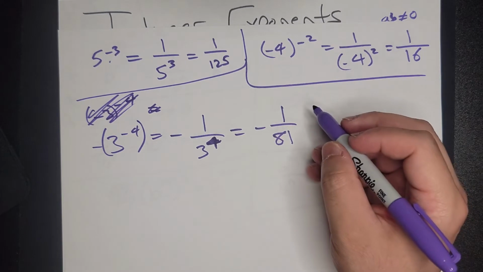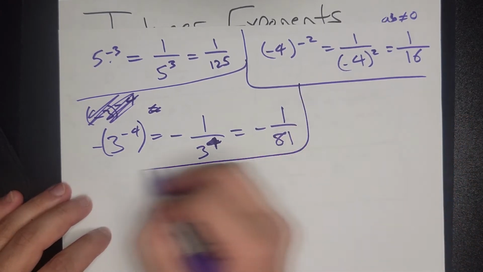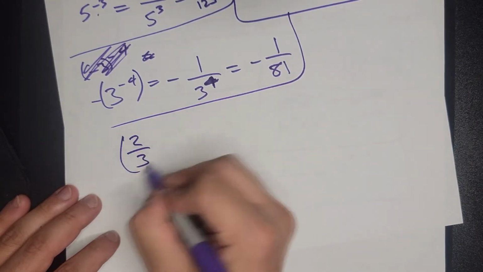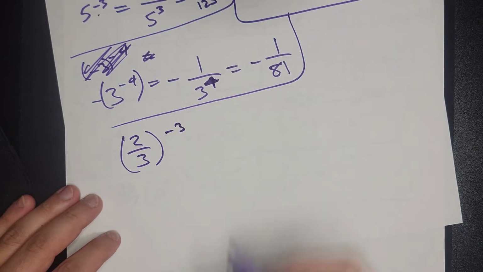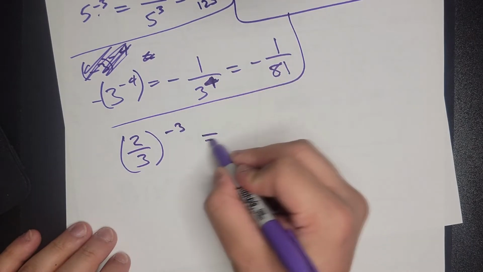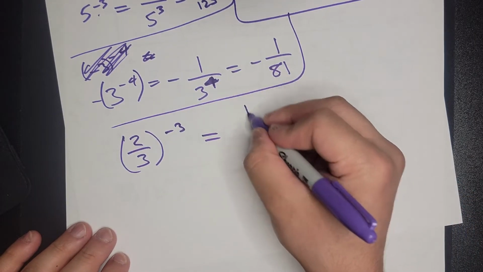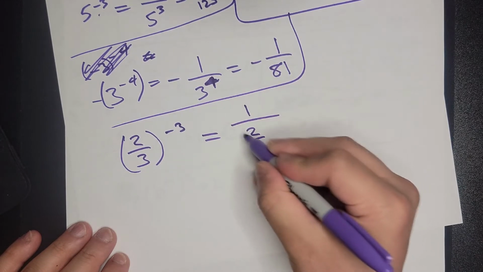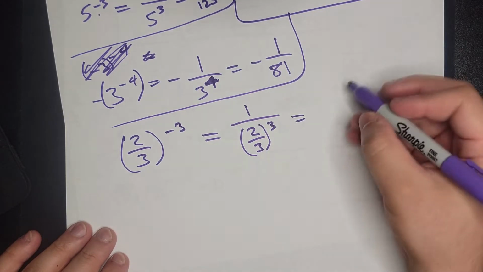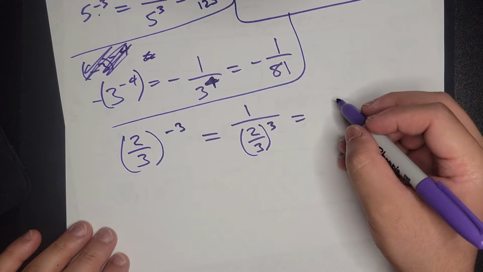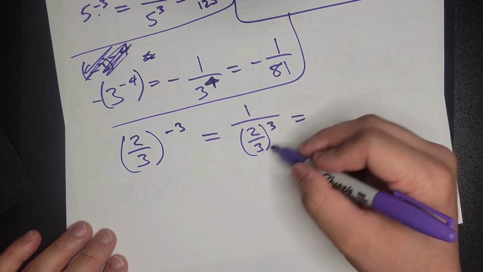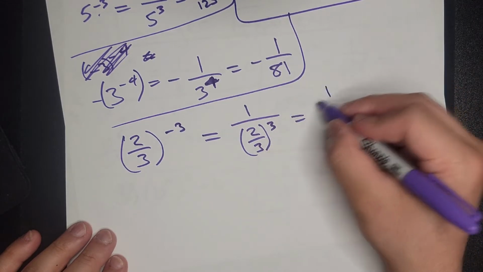Let's do something like this: 2 over 3 to the power of negative 3. And as we remember from doing so many of these, I can flip this fraction, or I can evaluate it right now.